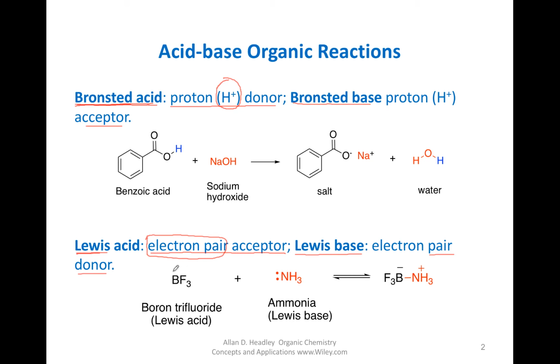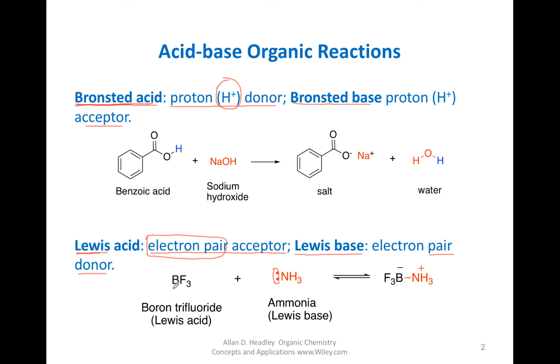We have BF3 and ammonia. Let's start first with ammonia. NH3, you can see here is a pair of electrons. So you can see right away it is an electron pair donor. Here's BF3. You will recall that BF3, the boron is sp2 hybridized with a vacant p orbital.